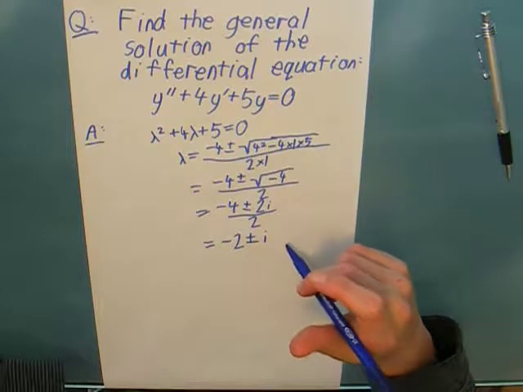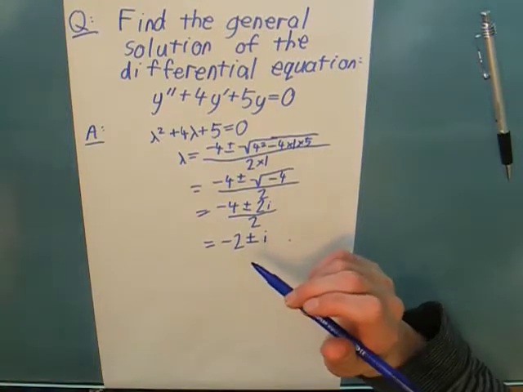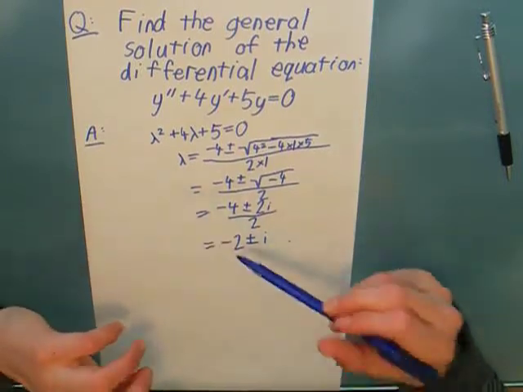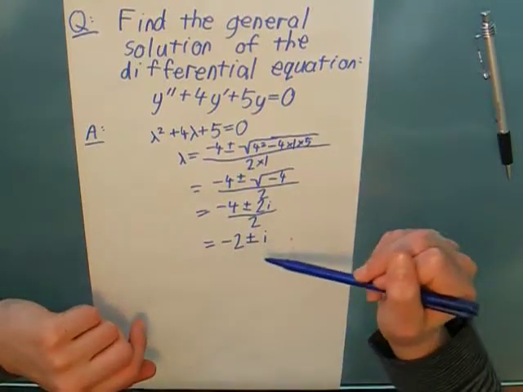Now, what do these mean? Well, in this case, you have to plug into a formula that's slightly more complicated than before because you've got two almost terms in the solution.